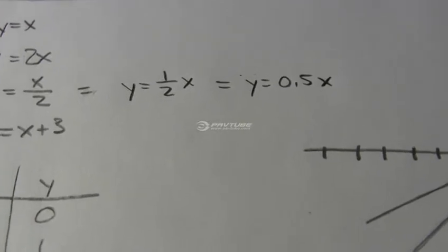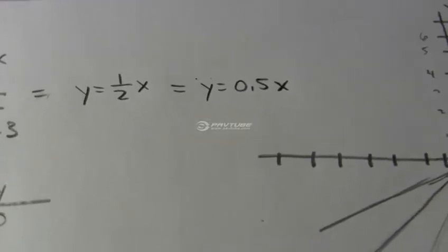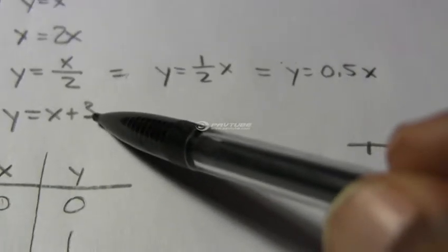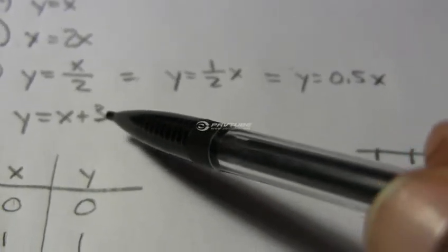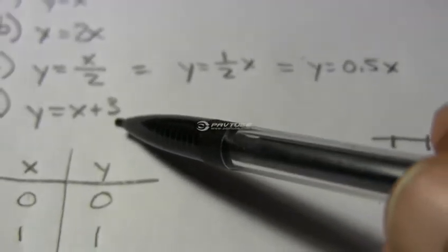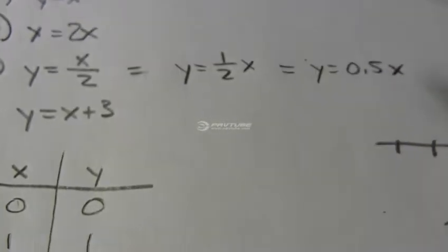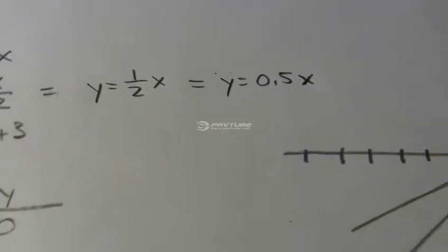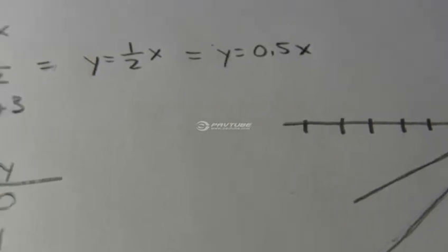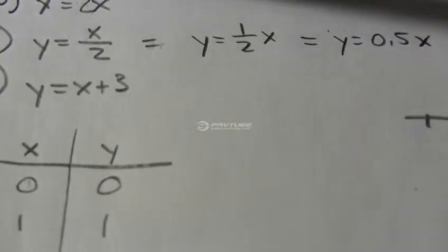But now I'll make an analogy that may or may not make sense. You can call this 3 the y-intercept. But I like to think of it like the altitude. So say you're climbing the hill at the end of your block, right? It may have the same slope as another hill.